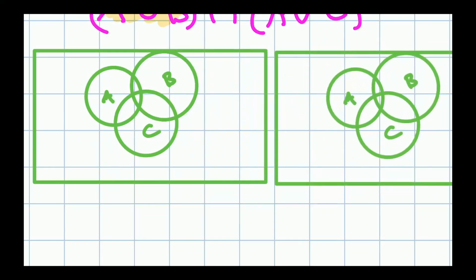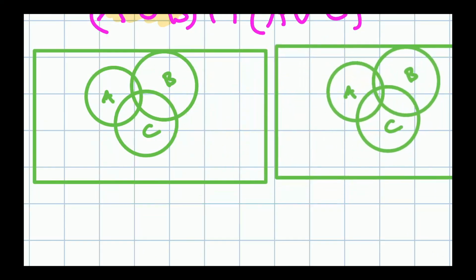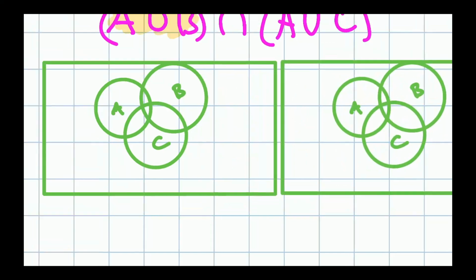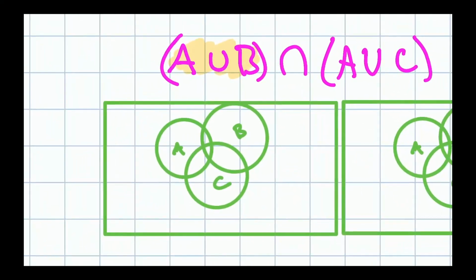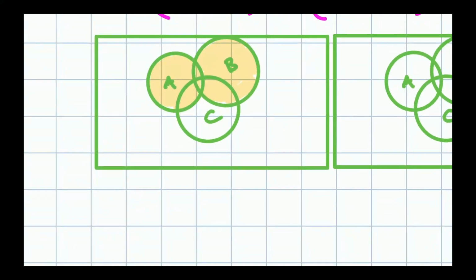We're going to need to draw this twice. Okay, so A union B is going to be everything in A and B together. That's going to be this entire circle, everything in A, combined with everything in the B circle. Like that, right? So what I just drew was A union B.